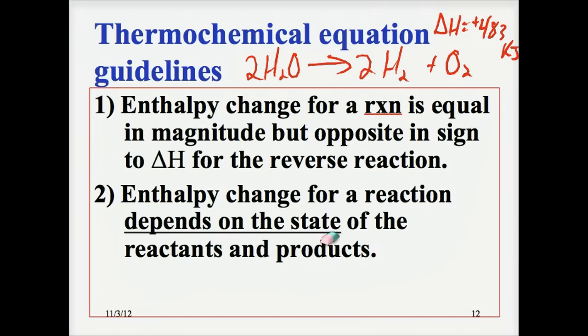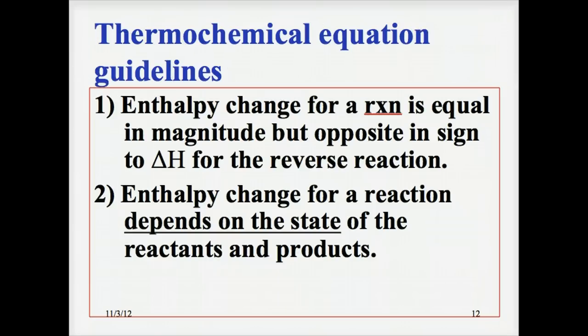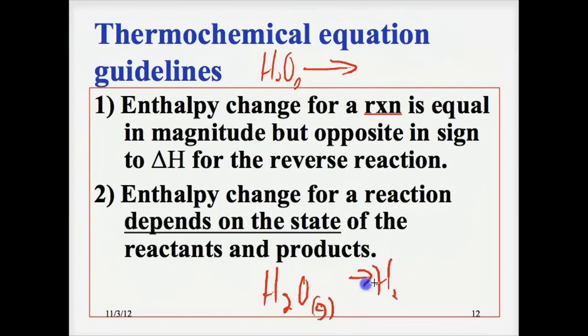Also, enthalpy depends on the state of the reactants and products. What I'm saying is that 483 was only for particular states. So it matters if I'm breaking down my water from a liquid or from a gaseous phase. If I was doing it in another phase, the value would most likely not be 483, because the actual phases do matter.